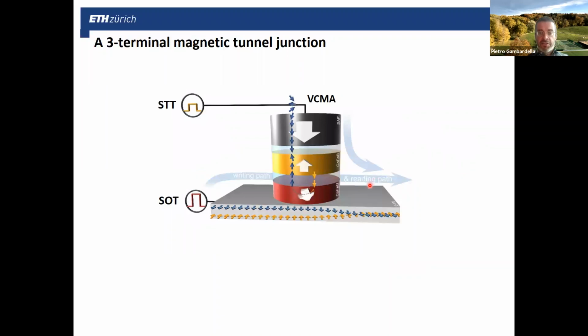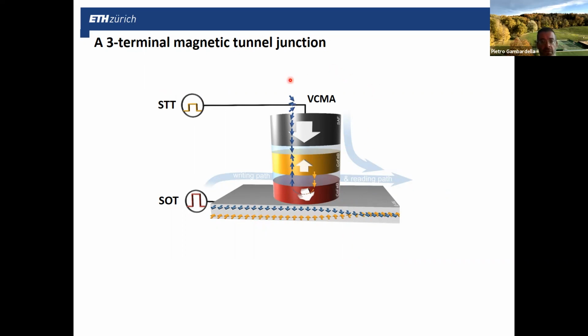So now in this three-terminal device, there are also other interesting effects besides spin orbit torque switching that can occur. One is that by having three terminals, one can still use current injection through the pillar, so spin transfer torque, to control the magnetization of the free layer. One can actually study the competition between these two torques on magnetization switching.